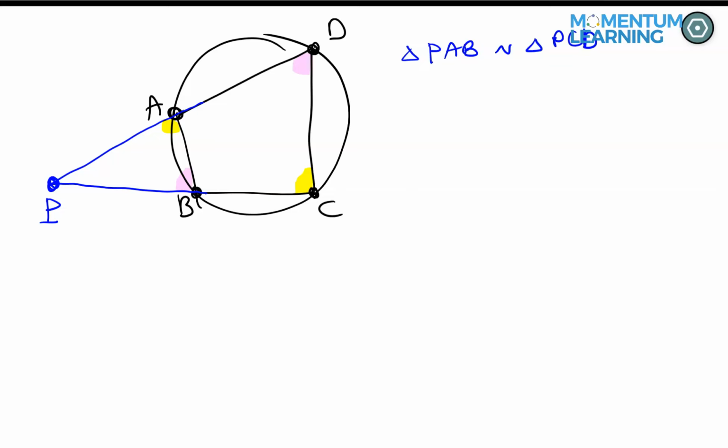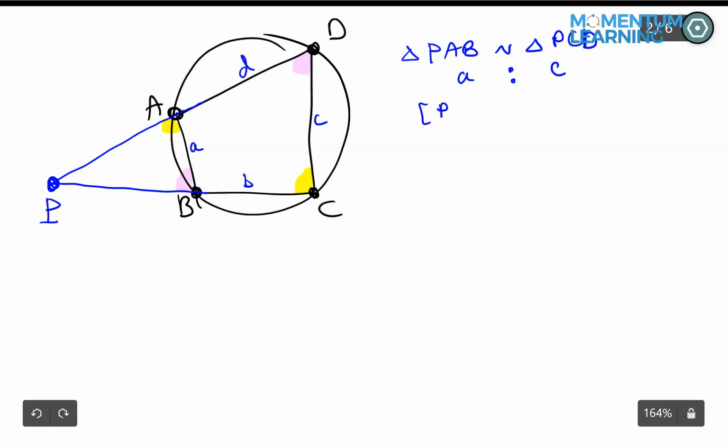So for instance, let's label these sides A, B, C, D. Do you guys agree that the ratio of those similar triangles is A to C? Do you guys agree? So as a result, the ratio of their areas, PAB to PCD, must be A squared to C squared.